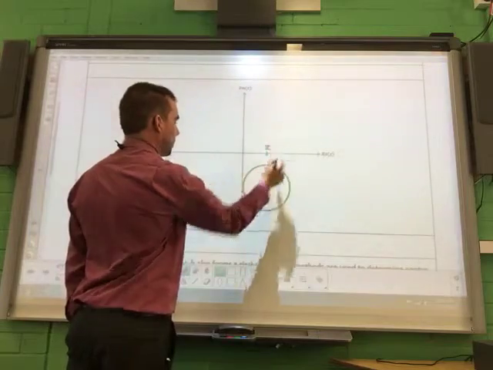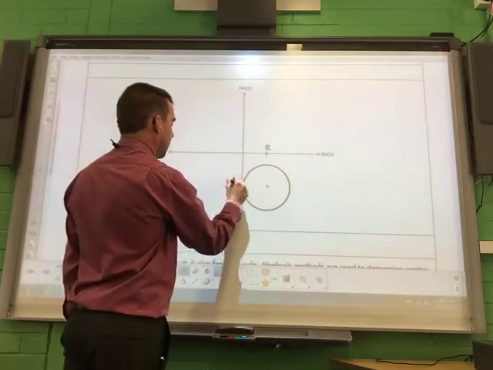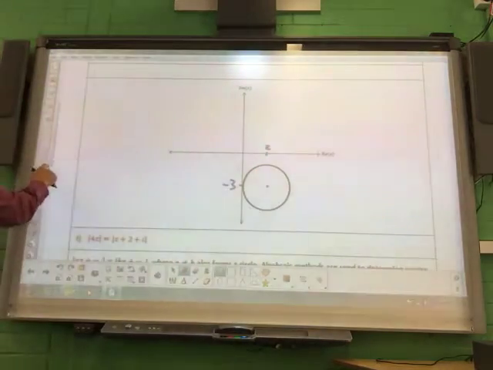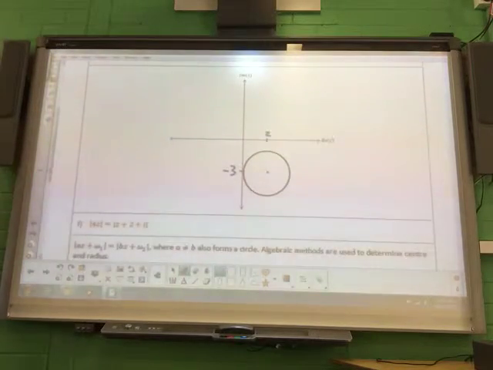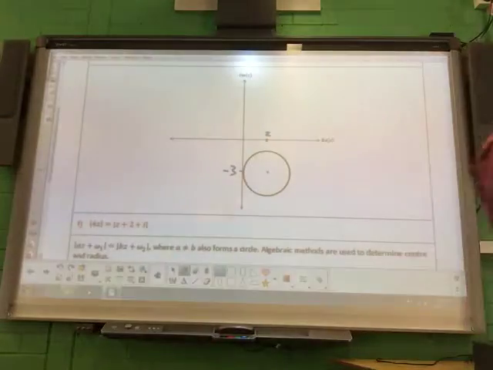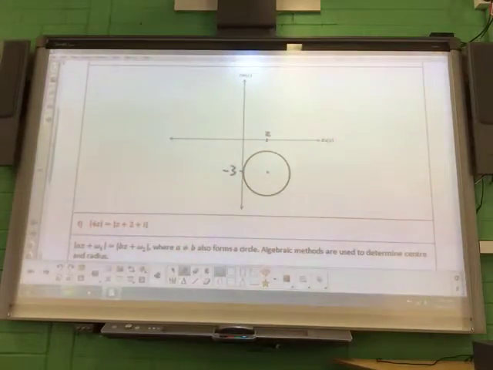So 2, negative 3. And this one's an equal. So we just need to do the locus, which is going to be that circle, radius 2, centre at omega there. Right, any questions there?